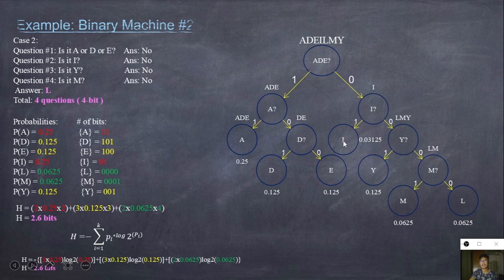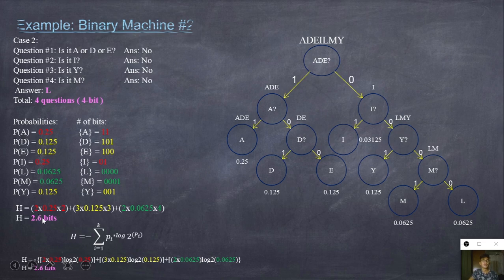For I, it is equal to 0 and 1, so its path is 0 and 1. For L, we look for its path, which is 0, 0, 0, 0. For M, its path is 0, 0, 0, 1. For Y, it is equal to 0, 0, 1.